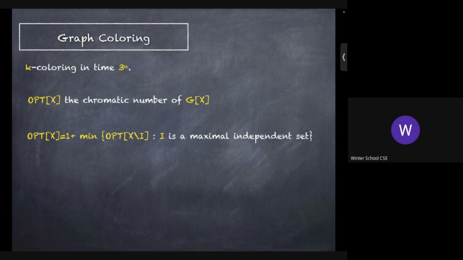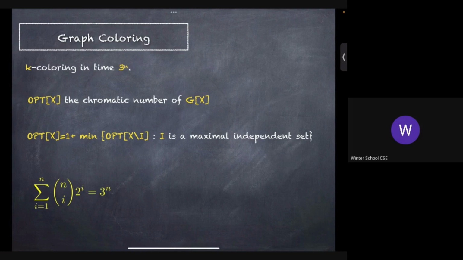I just guess the first color, and I can always assume that this first color is not only an independent set, but even a maximal independent set. Maximal means inclusion-wise, so I cannot add anything to it. And then this one color, and then the optimal coloring of what remains. It's exactly the same formula which I was using for the 2 to the n algorithm for 3 coloring, for example.